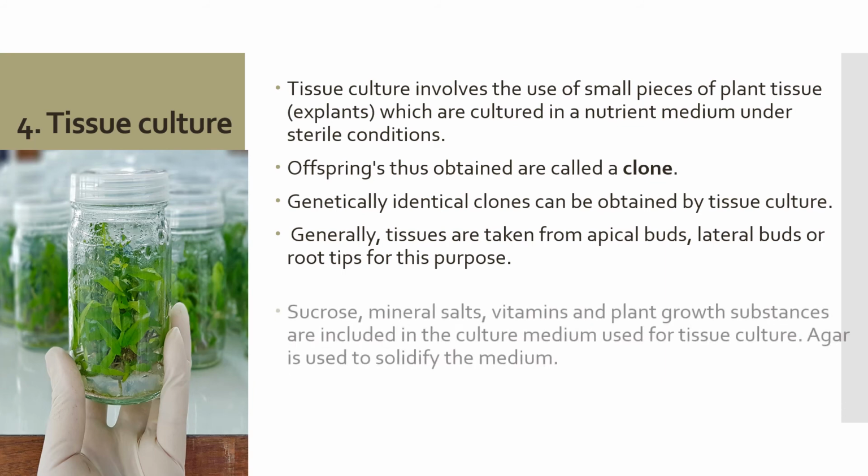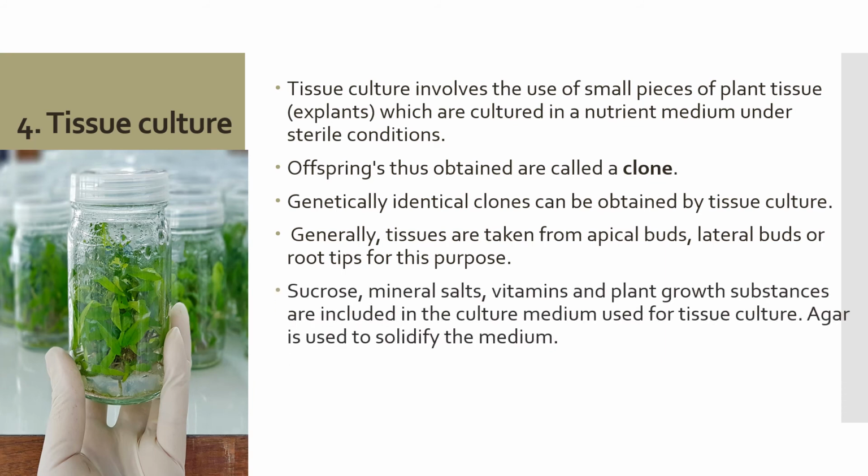For doing this tissue culture, we are using a nutrient medium, and this nutrient medium contains sucrose, mineral salts, vitamins, and all the plant growth substances that are needed for the growth of the plant.